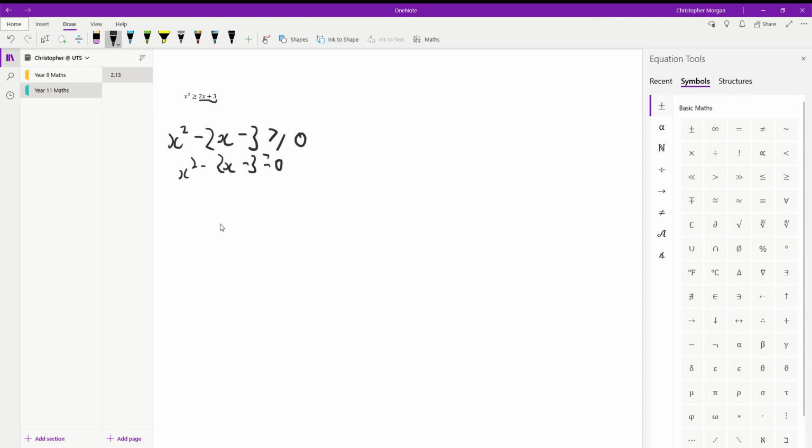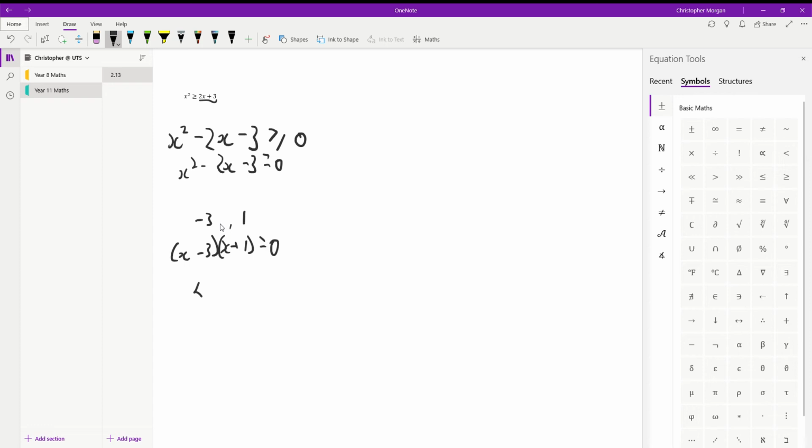The solutions for that, we look at two numbers that add to give negative 2 and multiply to give negative 3. Simple, as negative 3 and positive 1. So our solution then is x minus 3, x plus 1 is equal to 0.